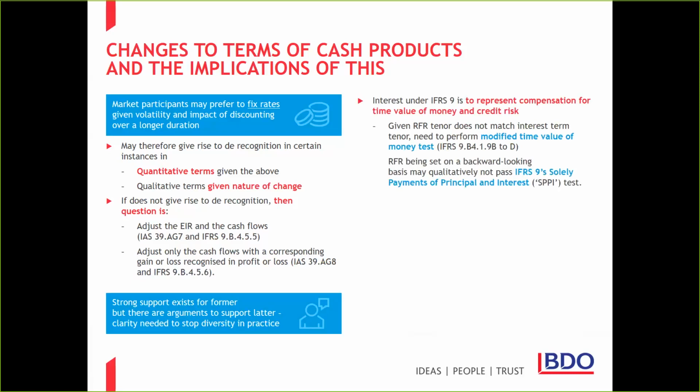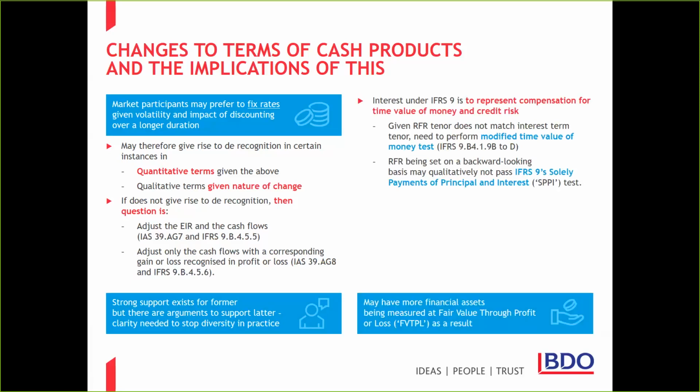Also, given the current difference in the basis on which alternative risk-free rates and interbank offered rates are set, one may form the view that the instrument does not compensate for the time value of money in qualitative terms. This is another area that the IASB is currently discussing, but without relief, more instruments may be measured at fair value through profit or loss.